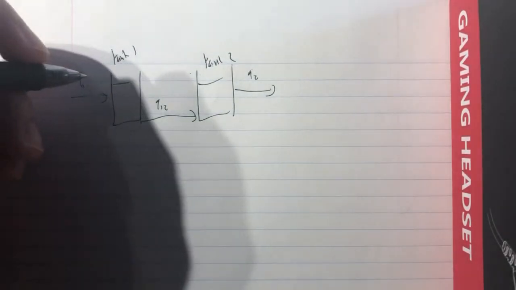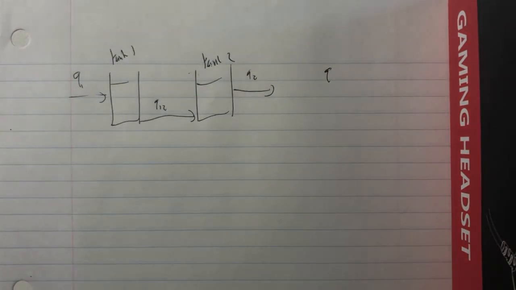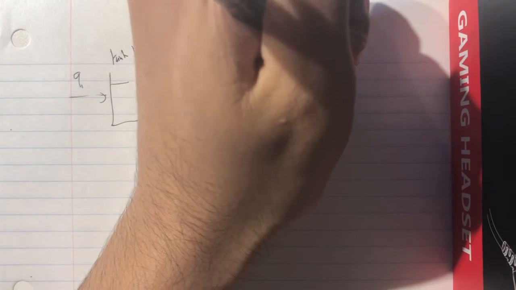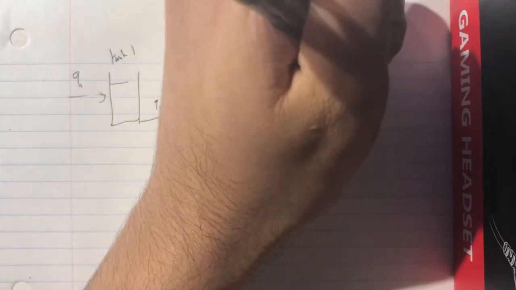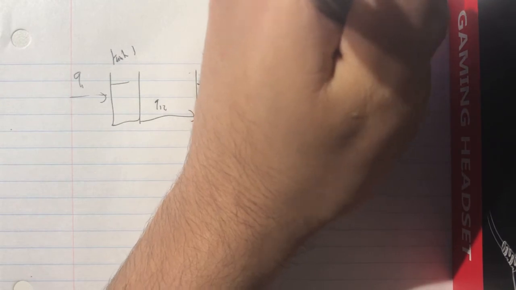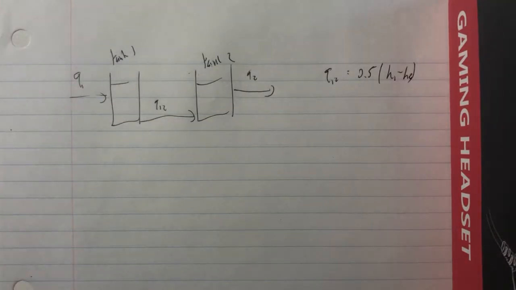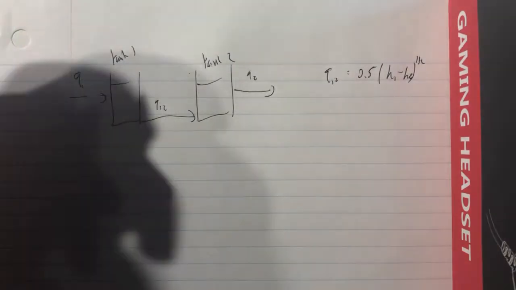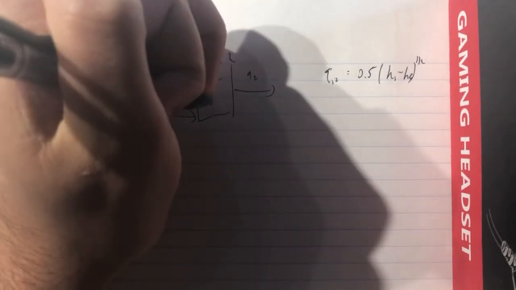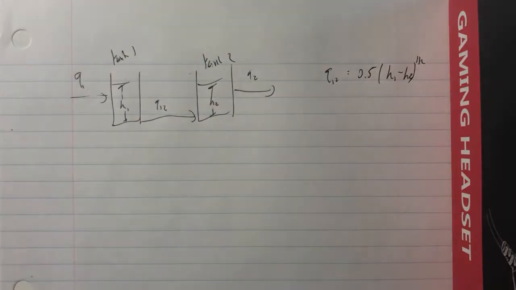We know what Q1 is, and we know what Q12 and Q2 are equal to in terms of equations. So Q12 is equal to a half times the root of the difference of the two tank heights. I guess now I should mention the tank heights are height 1 and height 2. Cool.